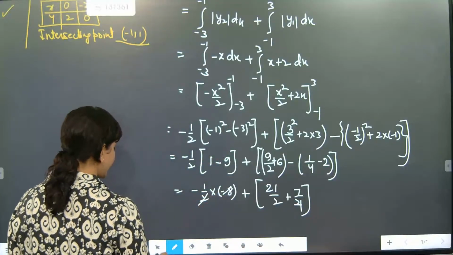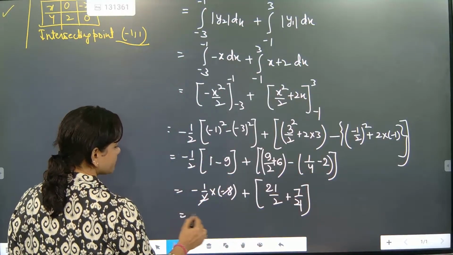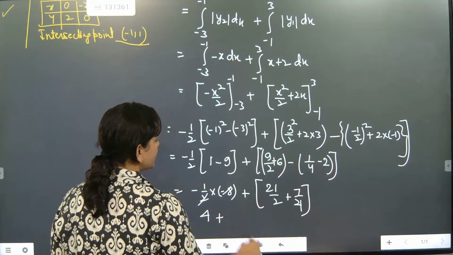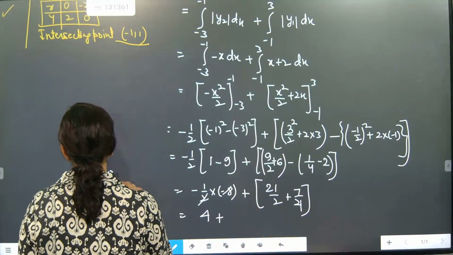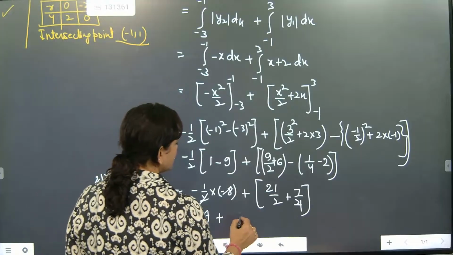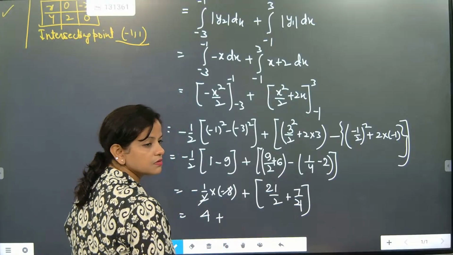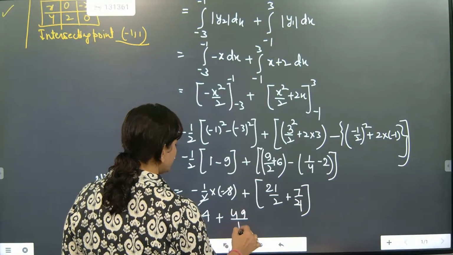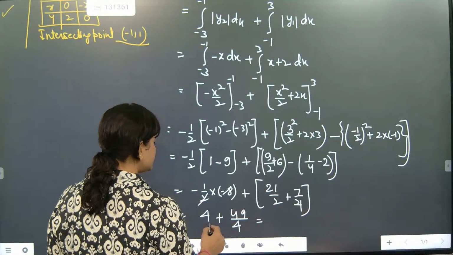This and this will get cancelled. How much is it coming? 4 plus, here 21 into 2 is 42, 42 plus 7 is 49 by 4.